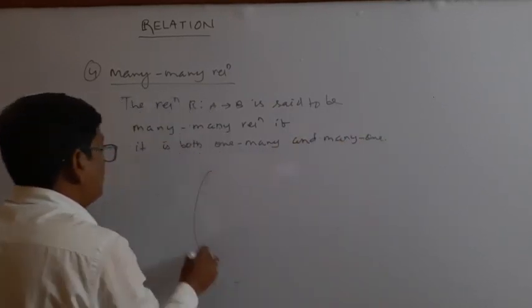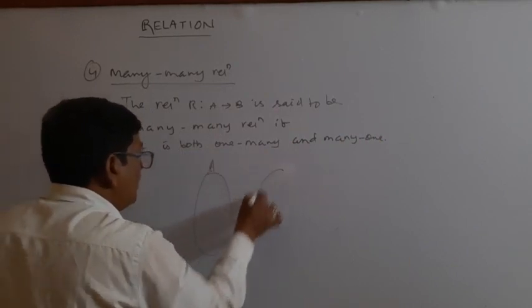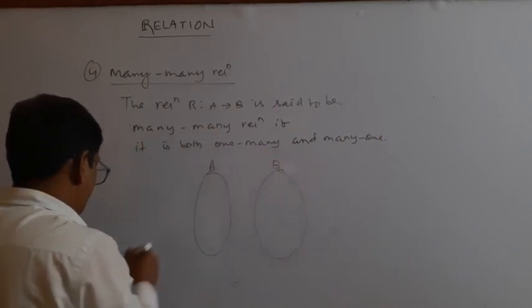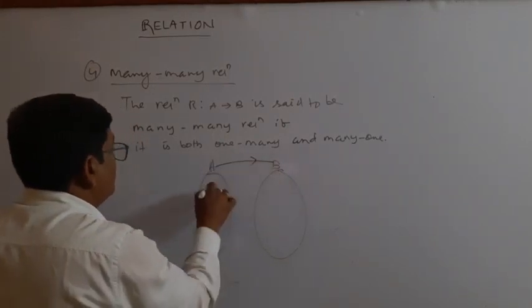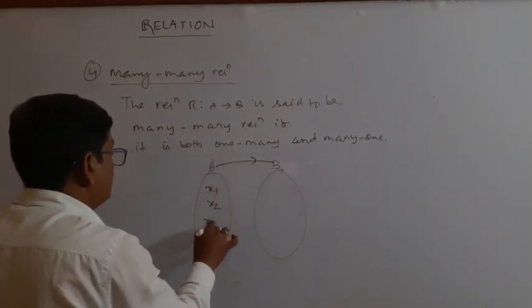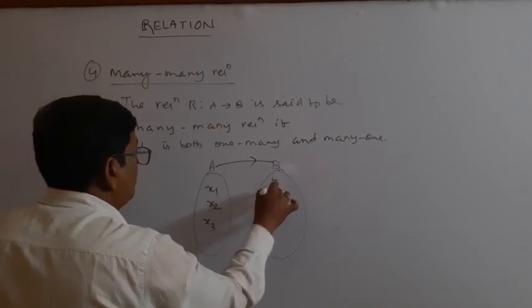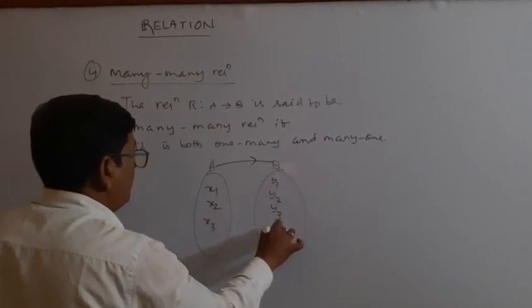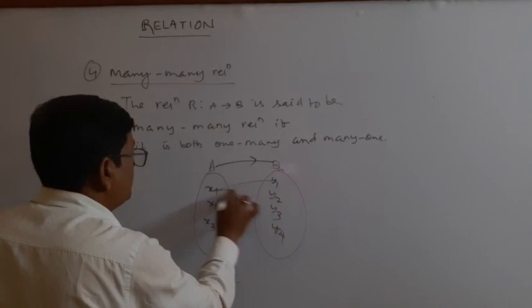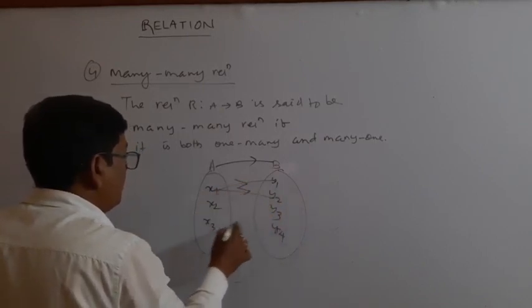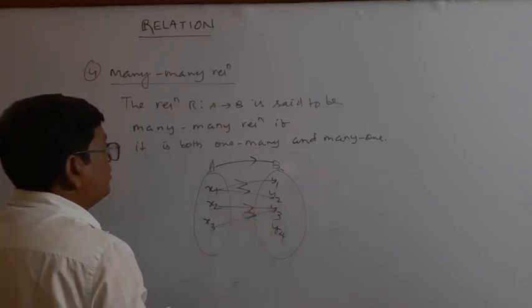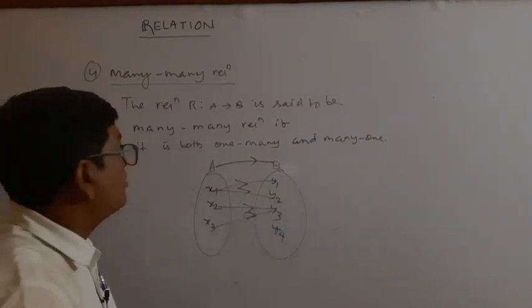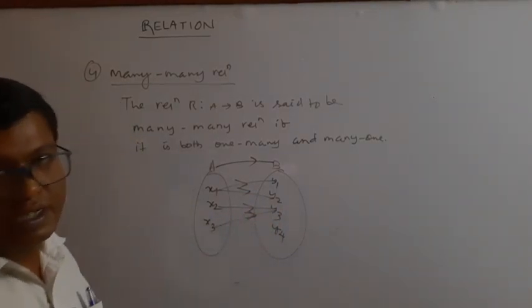For example, this is set A and this is set B, with x1, x2, x3 and y1, y2, y3, y4. Suppose this is a one-many relation and this is a many-one relation. So this relation is called a many-many relation.